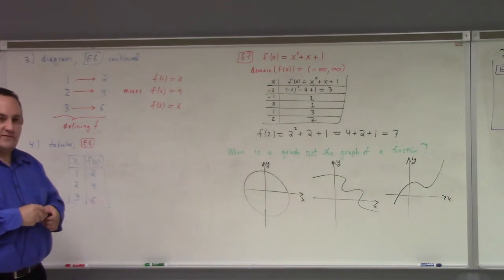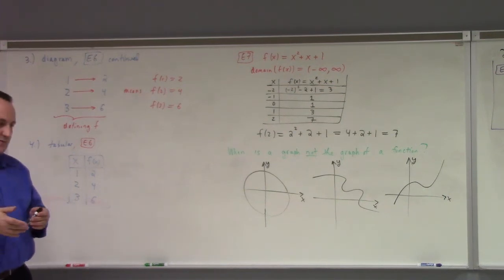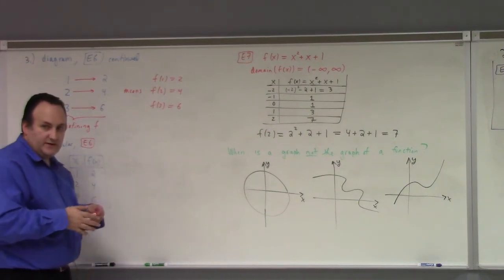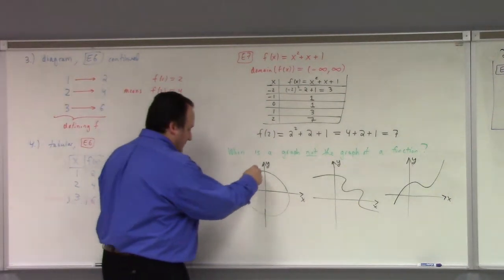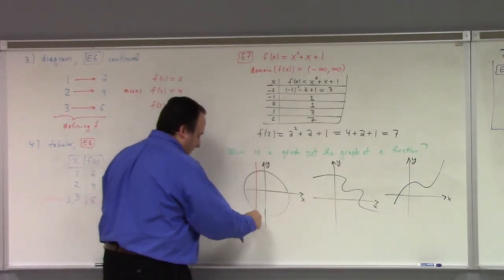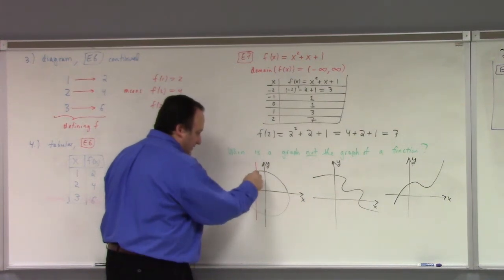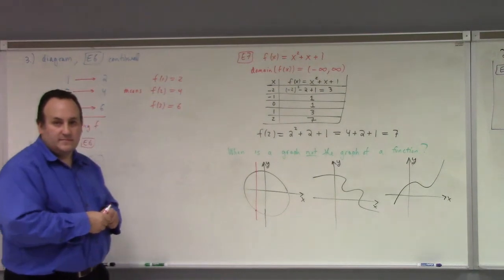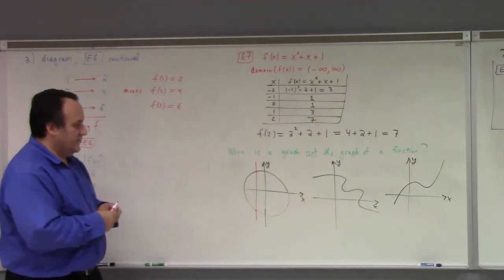So the reason that the first one is not a function is because it fails what's called the vertical line test, right? What's the vertical line test? Yeah, if you can find a vertical line which hits the graph in 2 points, that means it's not a function. Why is that?